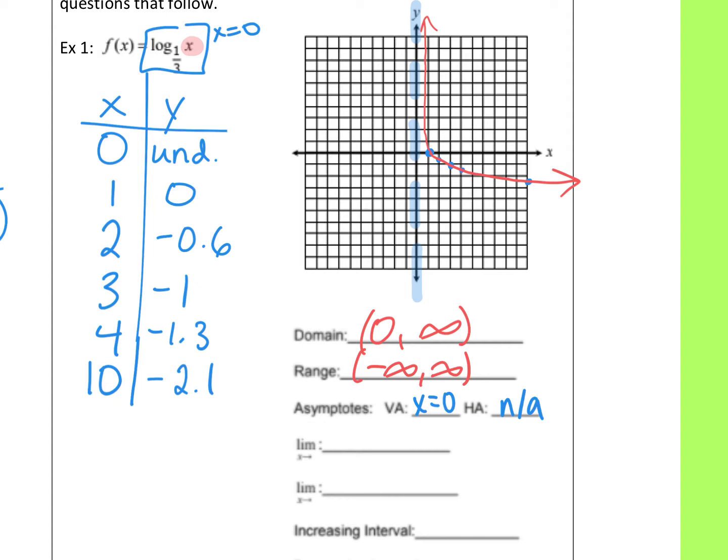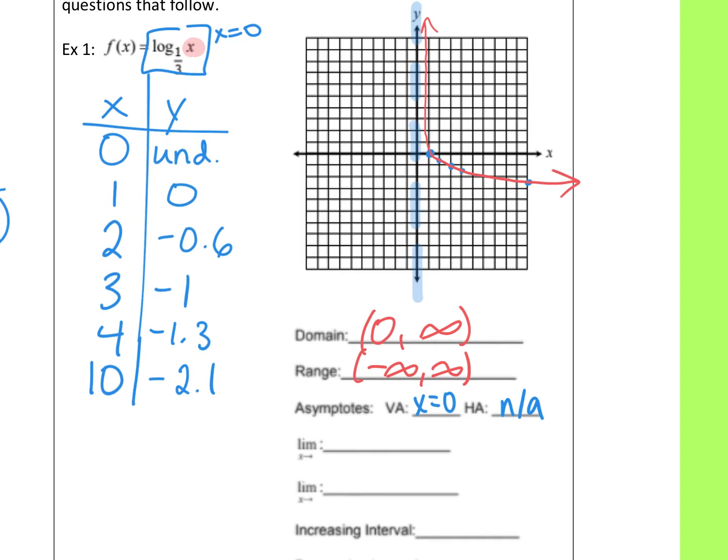Okay. Limits, we always got to pay attention to these. We still have x going left and x going right forever, for our bounds here. So as x goes left, what is y doing? Going up forever. Okay? And then as x goes to the right, what's y doing?